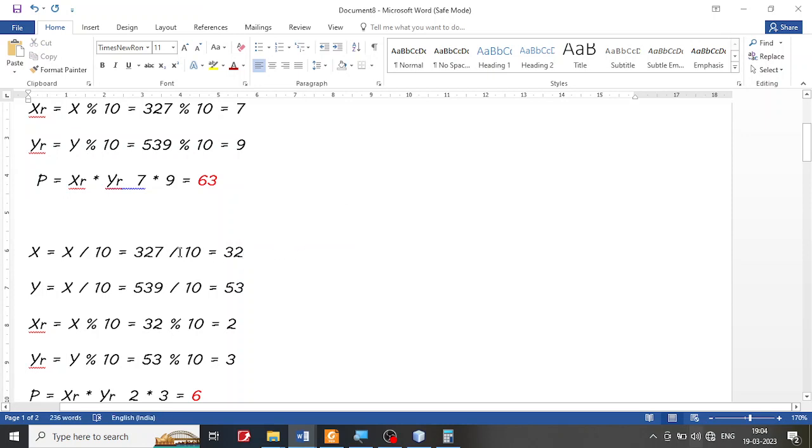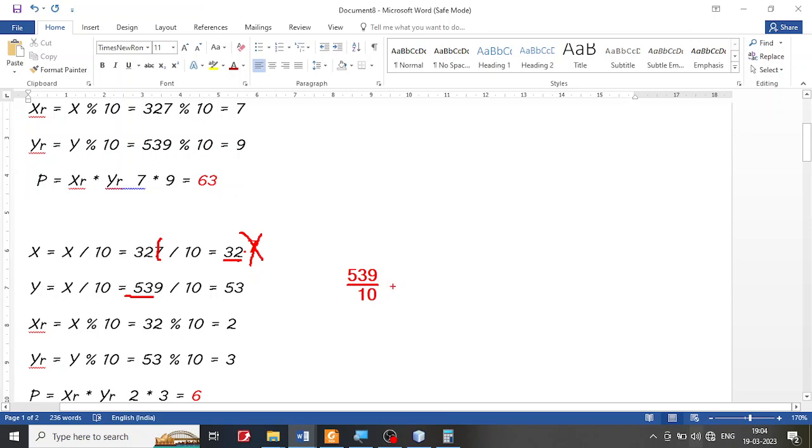If you take the integer part, discard this 7, what you get is 32. In the same way, take 539 and divide it by 10.